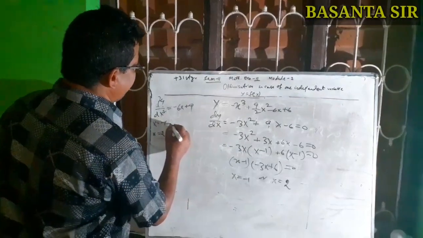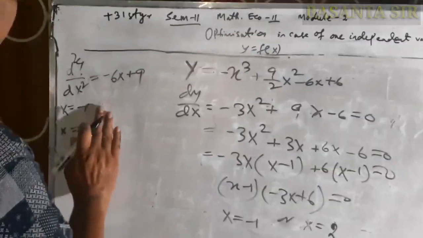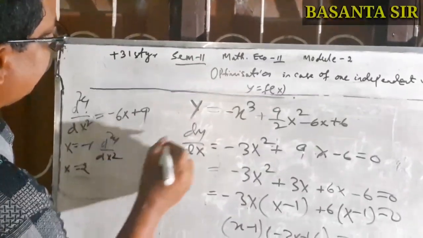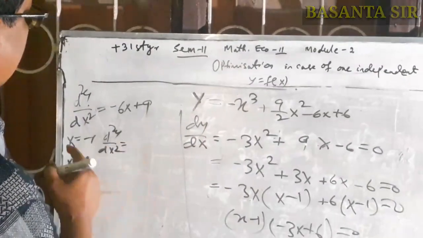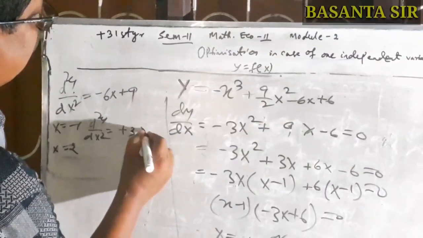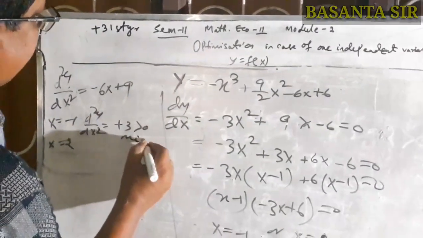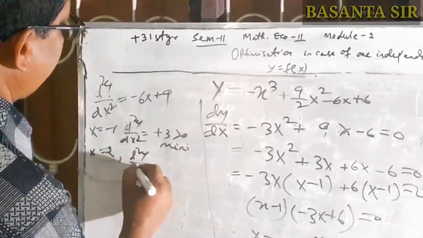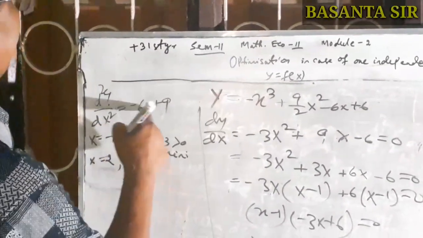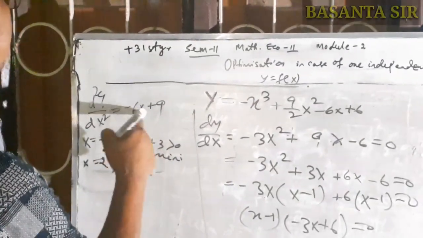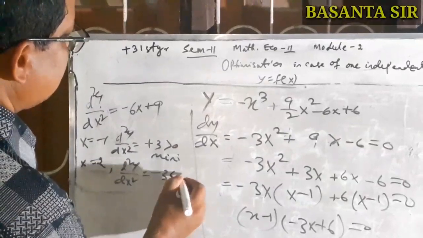Look at this. x equal to minus 1 means d square y by dx square equal to minus 6 into minus 1 plus 9, equal to plus 3, greater than 0. That means minimum. For x equal to 2, d square y by dx square equal to minus 12 plus 9 equal to minus 3, less than 0.